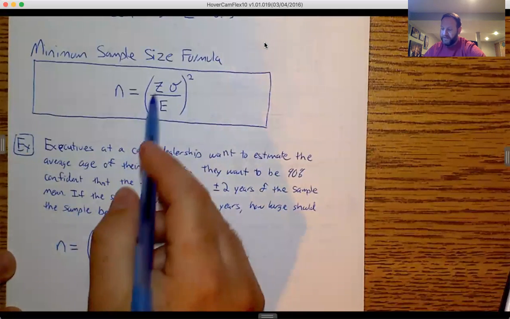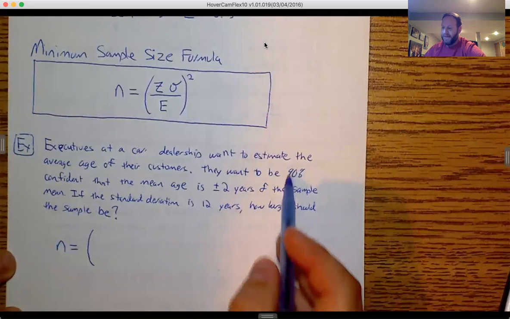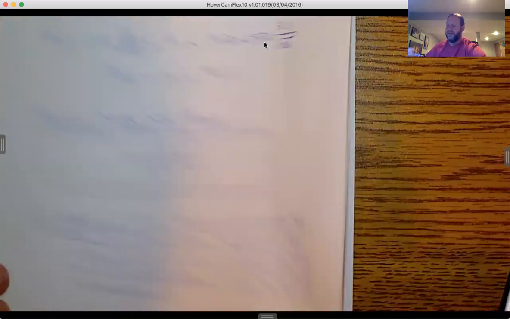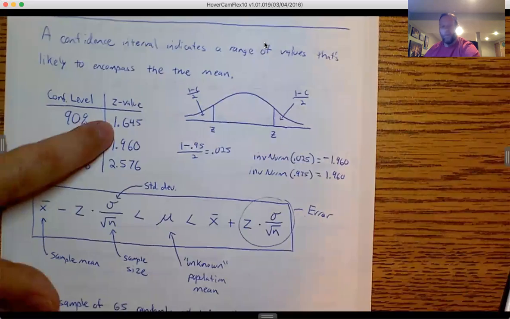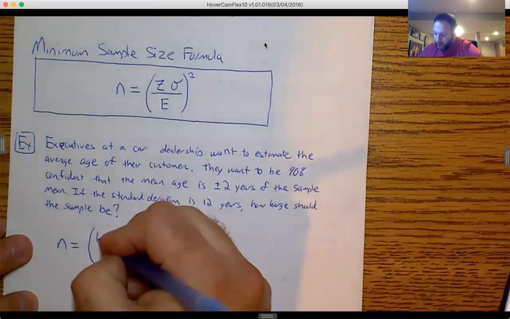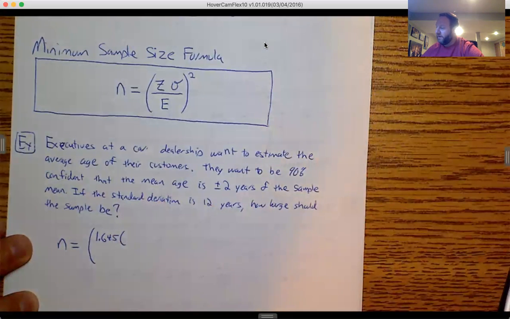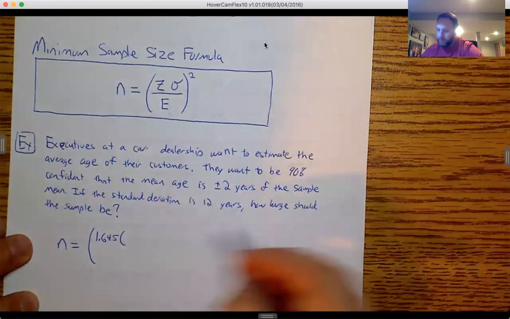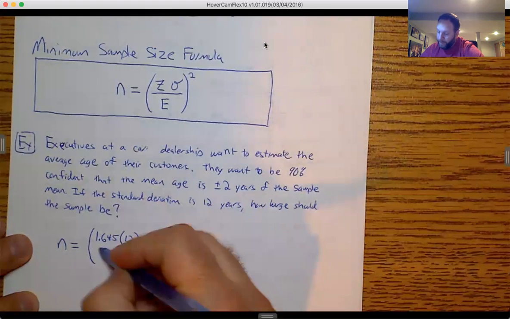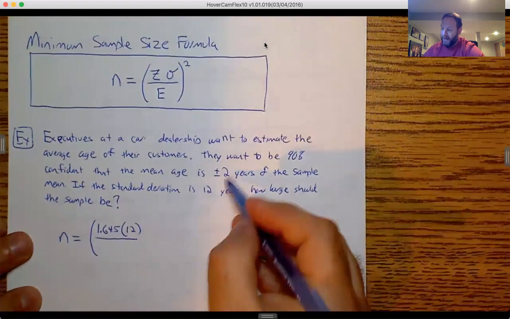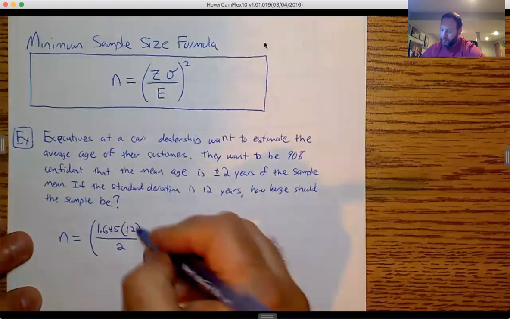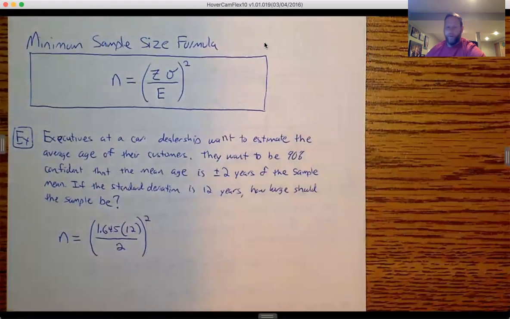So the Z value comes from 90% confidence. Since they said 90% confident, I'm looking at 1.645 from the other side there. So that's going to go here, 1.645 times the standard deviation, which is 12, divided by that error. They said they want the error to be 2, and then you're going to square that.